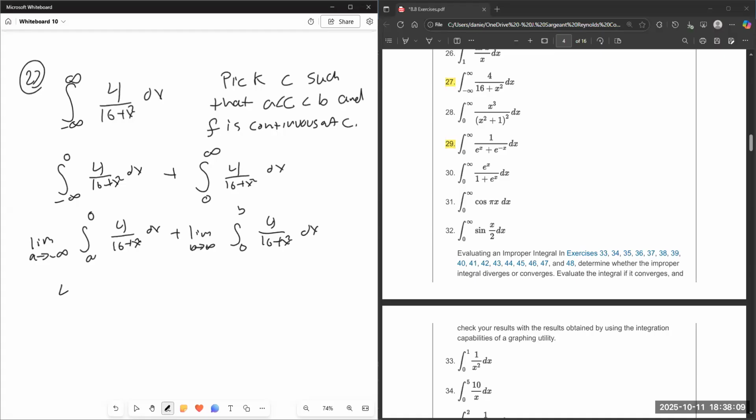This is going to be 4 arctangent of x over 4. And this is over 4. And this is going to be when as a goes to negative infinity.